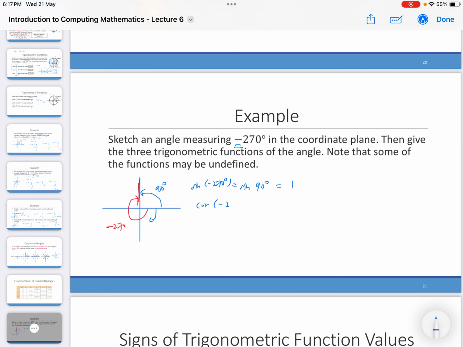And cosine of negative 270 degrees is equal to cosine of 90 degrees, which is equal to 0 from the table. And tangent of negative 270 degrees equals tangent of 90 degrees, which is undefined. This one, the 90 degree function, we actually found earlier, where we used the formula for x, y, and r.